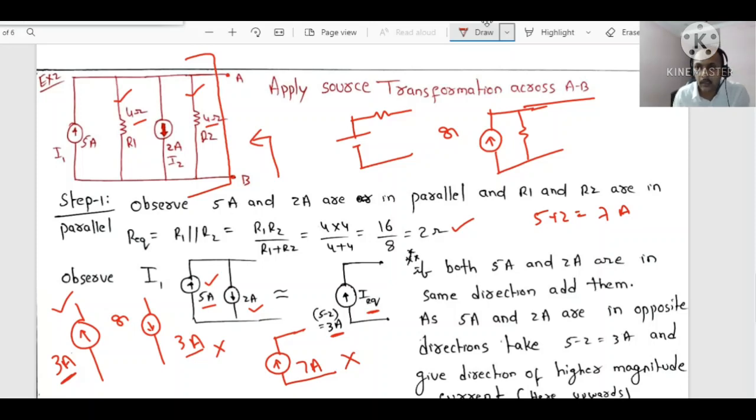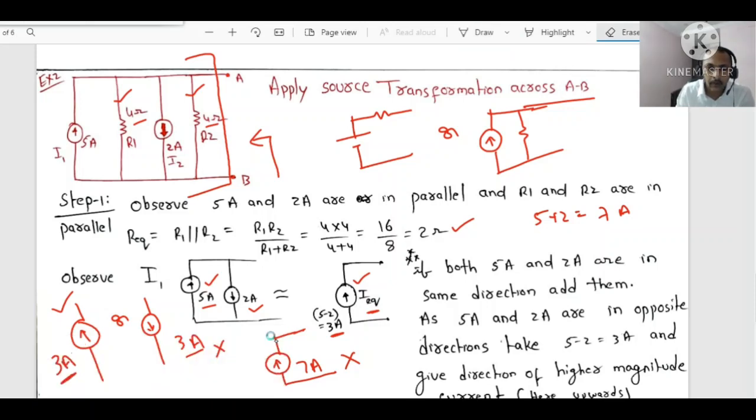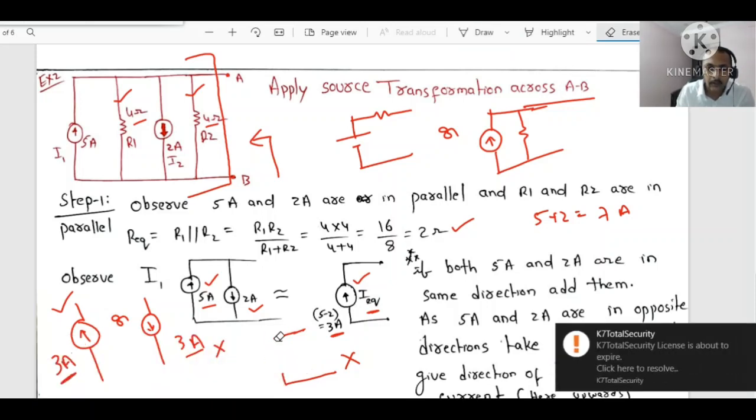Even though the problem is simple, you may not get the answer. So what I want to say is 5 amps, 2 amps, and equivalent is how much, dear students? 3 amps. You place the arrowhead direction in the direction of 5 amps. Clear? Don't think that these two are parallel, 5 plus 2 is 7 and 7 is the correct answer. Then that is wrong.